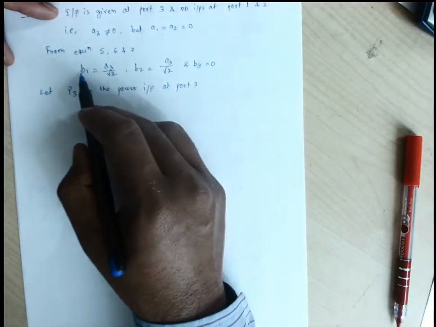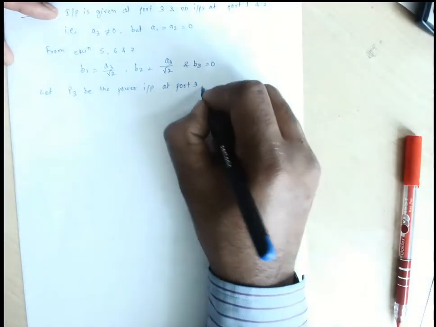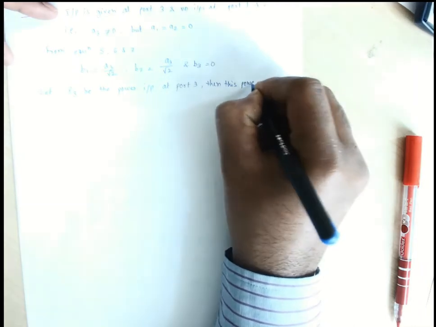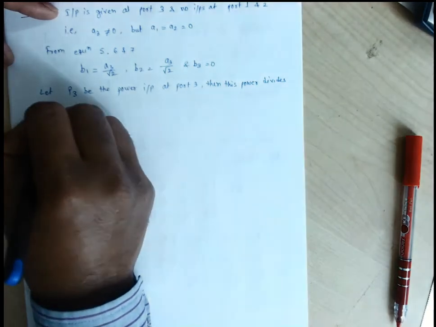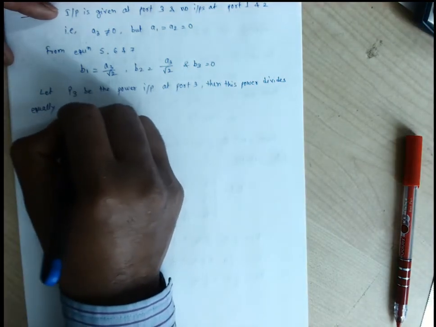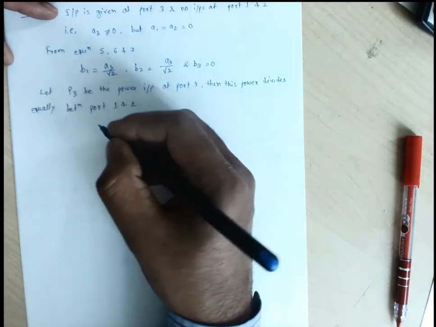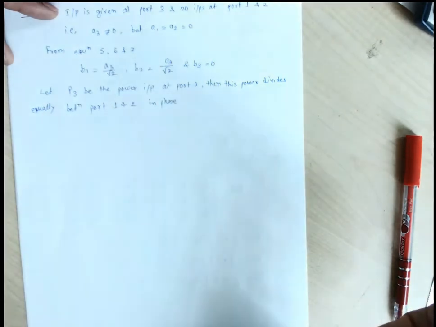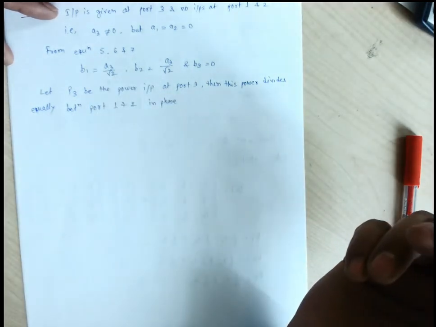So this is the output or reflected signal present at port 1 and port 2. Then this power divides equally between port 1 and 2, in phase. There is no change in phase because these are the same, there is no opposite sign.